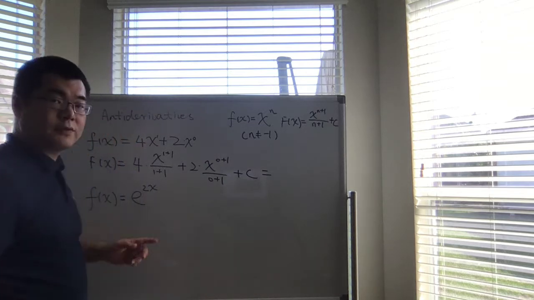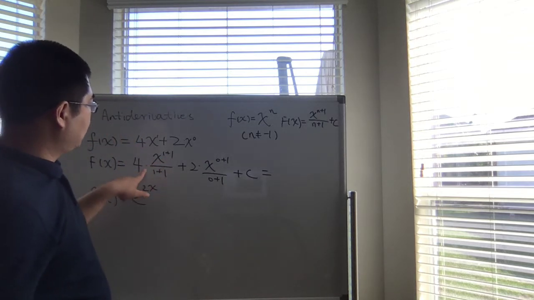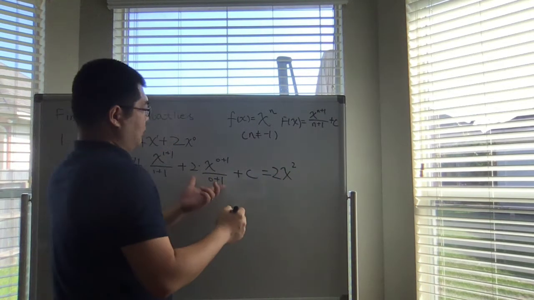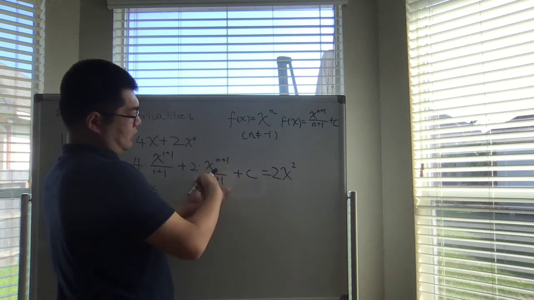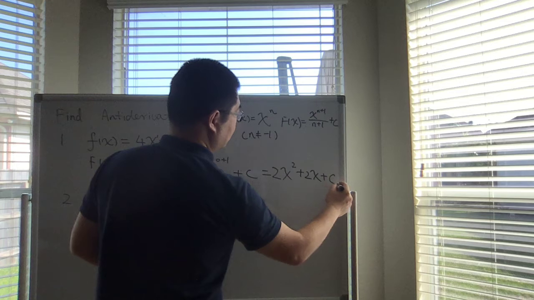Okay. If you simplify all of this, you will see that this is x squared over 2 times 4, so you have 2x squared, plus 2 times x, and then plus c.